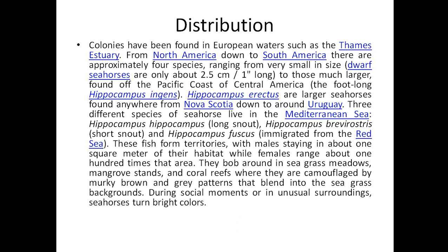Instead of 1 square meter, they may have 100 square meters as their territory, especially in seagrass meadows, mangrove stands, coral reefs. Why they require that is they can easily camouflage themselves and protect themselves from predators or any other enemies.